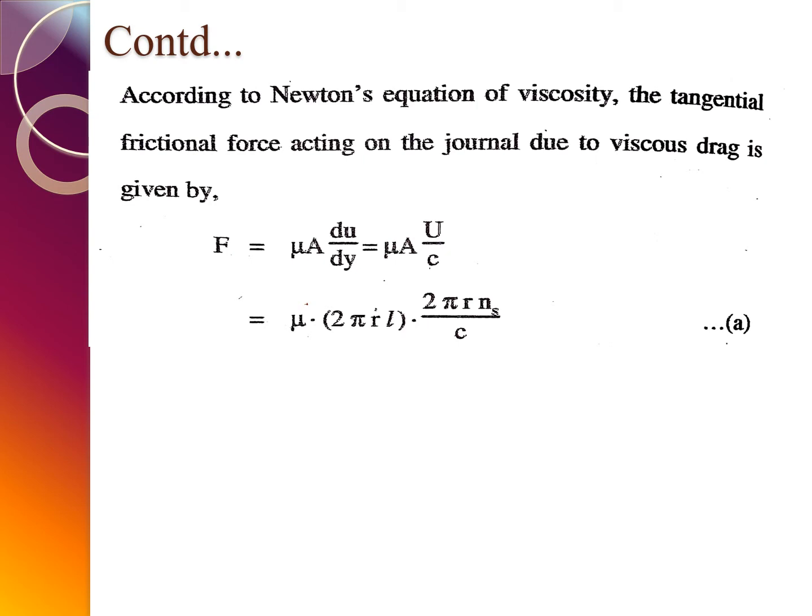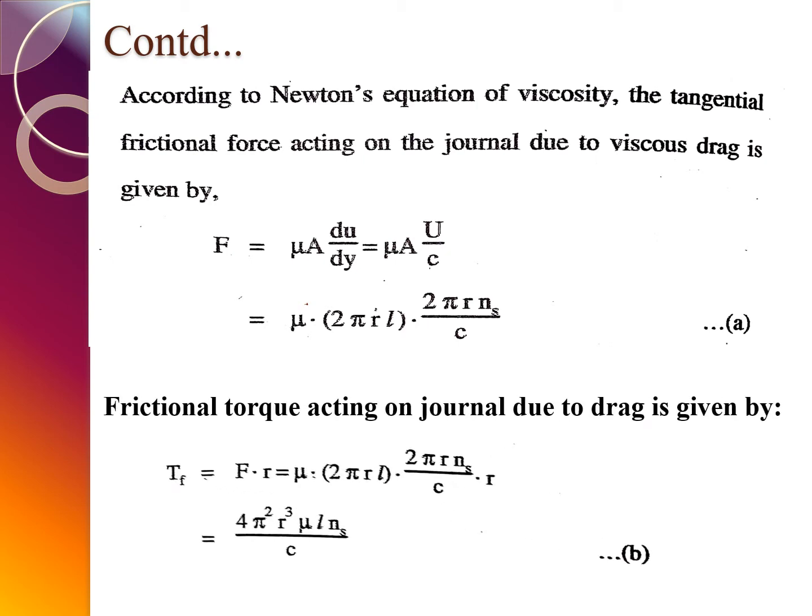Next, in this Petrov's equation, del U is equivalent to capital U and del Y is small c. Also, area is 2 pi RL and linear velocity is 2 pi R N S divided by c. So the equation for frictional force acting on the journal due to the viscous drag is equal to mu into 2 pi RL into 2 pi R N S divided by c.